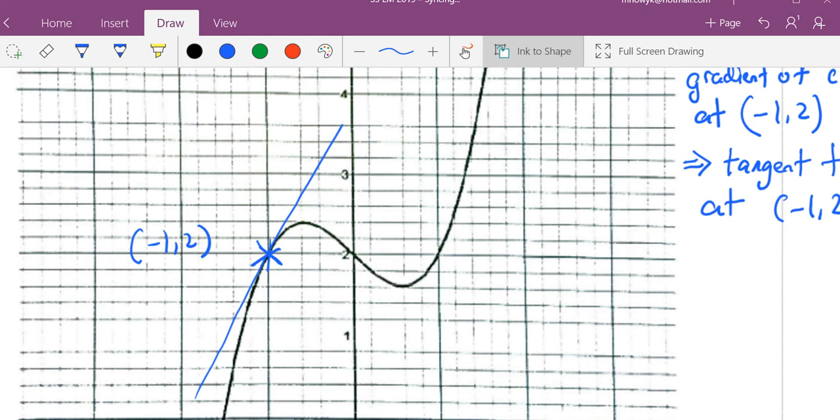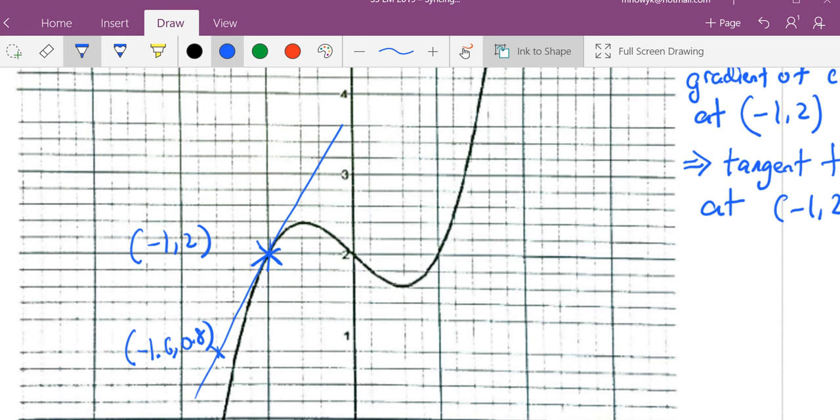And this is negative 1 point, comma, 0.8. Alright, can we all go through these 2 points together?